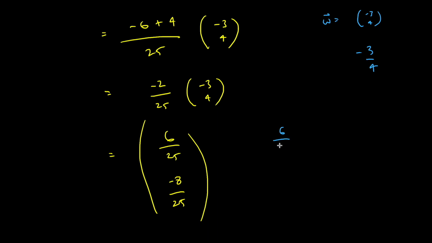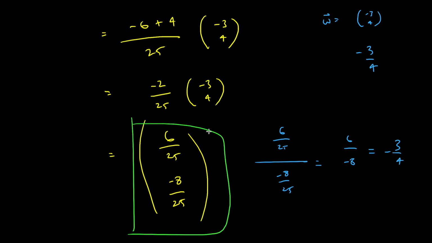It'd just be 6 over 25 all over negative 8 over 25 is just 6 over negative 8, which is indeed negative 3 fourths. So our vector is this. And it should be pretty obvious that the ratio between the components is the same, because here's our vector w. We're just multiplying this by a number. So our ratios still stay the same.